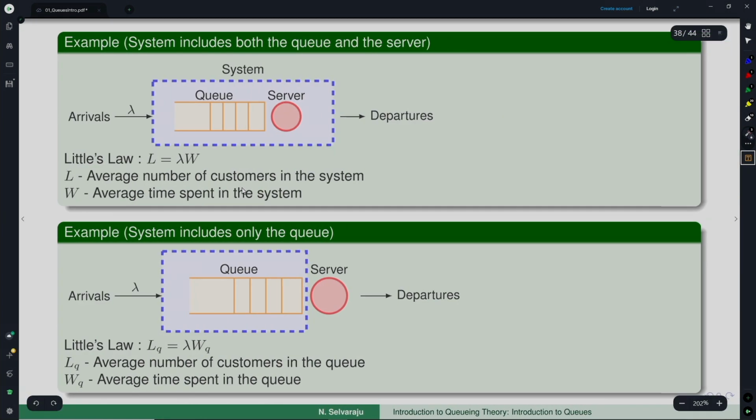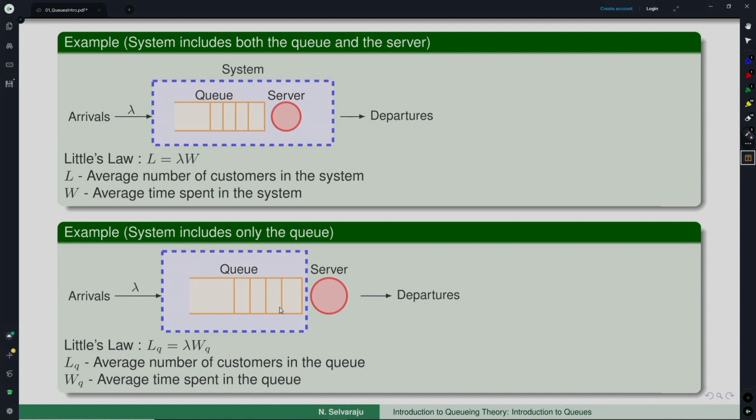Now, suppose I look at the system as only including the queue. Then this relationship can be brought down to this relationship, where you are looking at scenarios where customers arrive to the queue, they wait in the queue, and they leave for service. So, the departure is actually getting into the service.